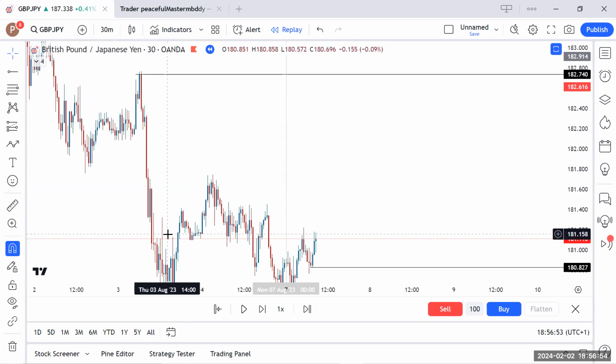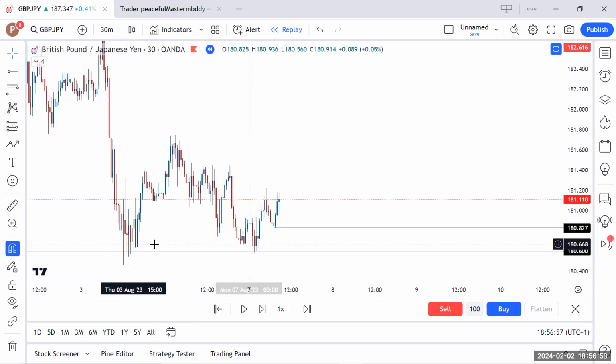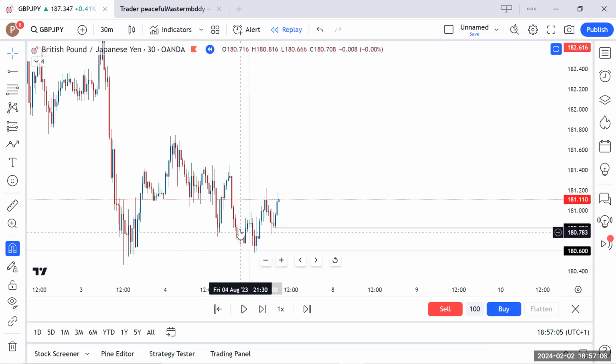So this is a swing to the downside, and then price reacted from this zone where we have marked out this demand zone, created a double bottom, and now is breaking structure to the upside, violated this supply zone, and created a support at this area.